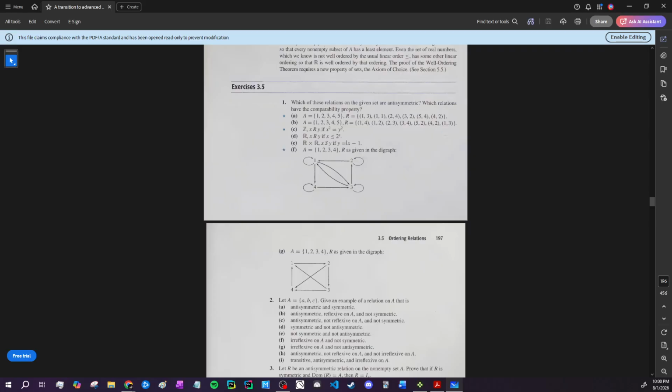So given this, I think for R, let's prove for the most part that... so what do we know about this? x R y.